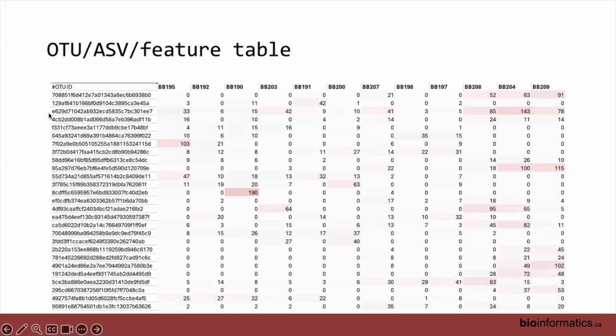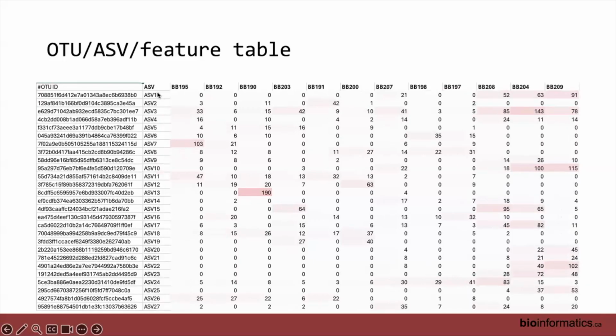This means that each of these corresponds to a specific sequence, and this would be identical between different studies. But it's a little bit difficult if you're talking about the different taxa in your sample to say, oh yeah, this 708851F whatever is abundant in just these 3 samples, whereas this 7F02 is in my other samples.